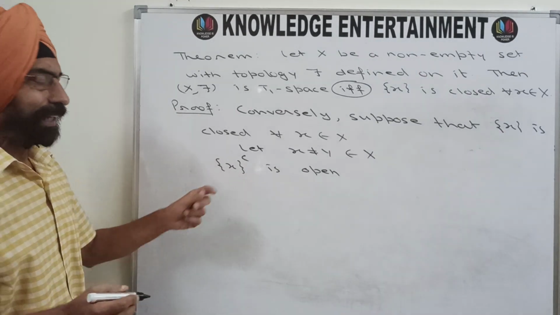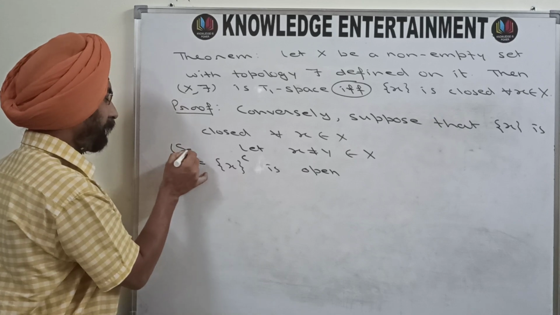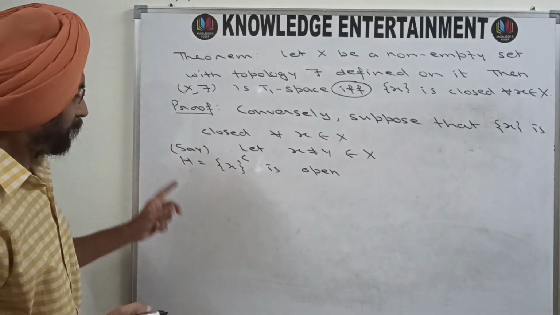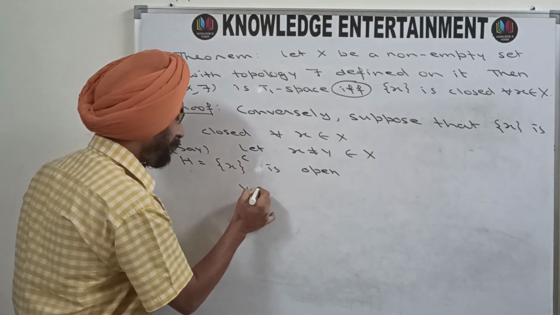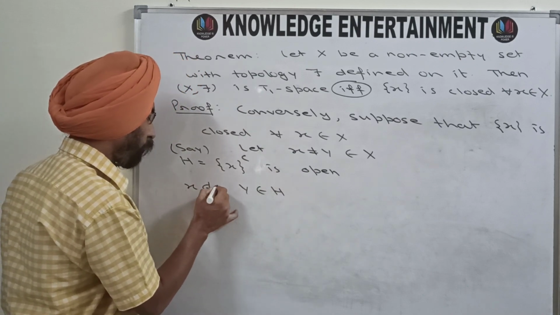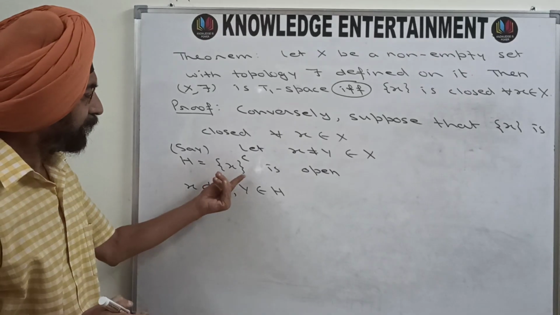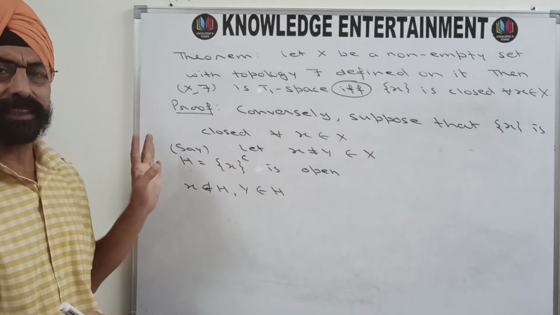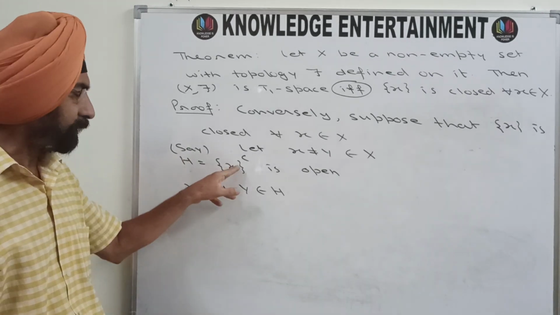I'll name this set H. So say this is your set H. Now it is very much clear that Y belongs to H and X does not belong to H, because the complement of singleton set X contains everything other than X. Other than X means X is not there, and everything other than X means Y will be there.